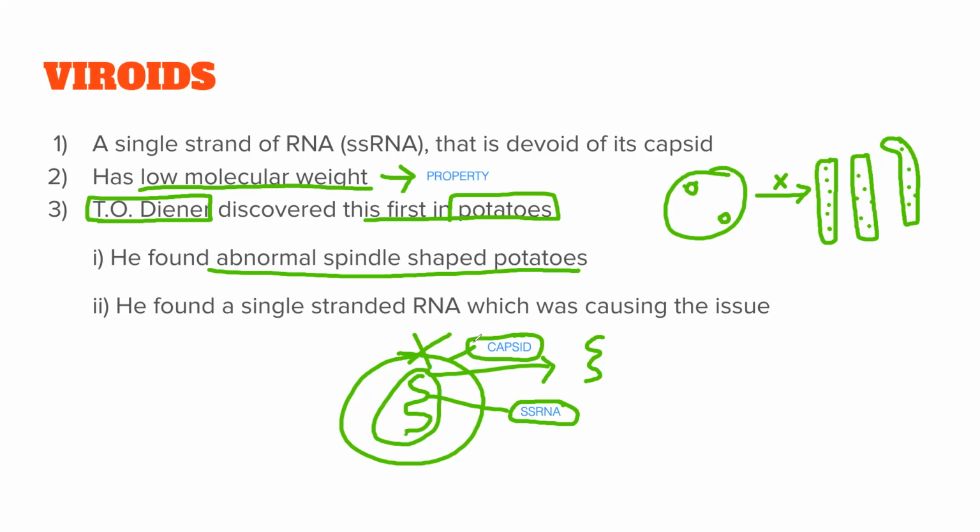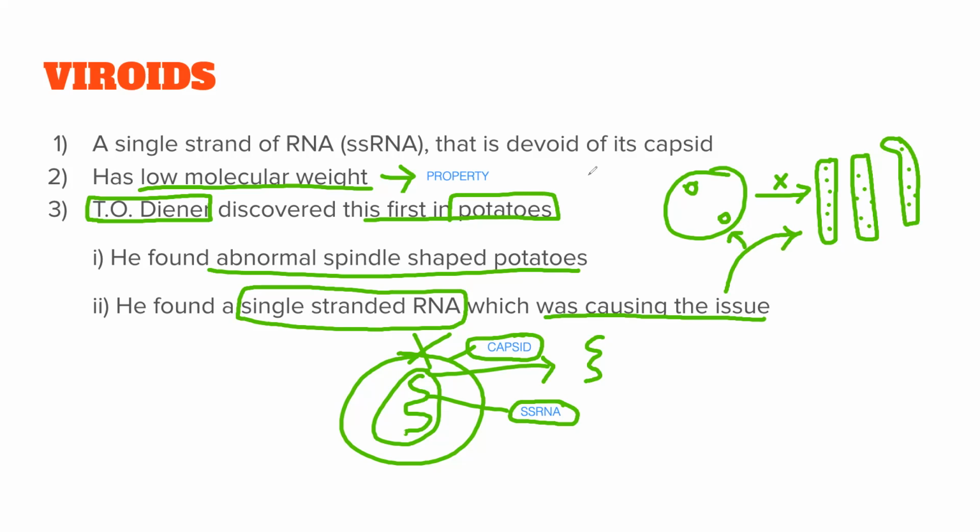So after this, going back to the future, what happened here is that T.O. Diener found out that he got spindle shaped potatoes. He did a lot of research and he found out that the virus wasn't crystallizing. So what exactly is that? That means there's no protein, or very little protein present. So it's a single stranded RNA which was causing the issue in the potato.